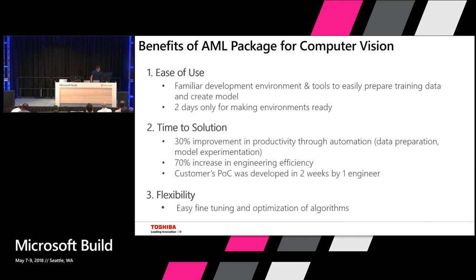This application was done using the out-of-box capability of the Azure Machine Learning package for computer vision. The core team of this project has only one data scientist and one software engineer. This not only enables us to reduce the time to solutions, but also allows us to streamline our resources, and most importantly, to focus on the customer's data from the very beginning of this project.